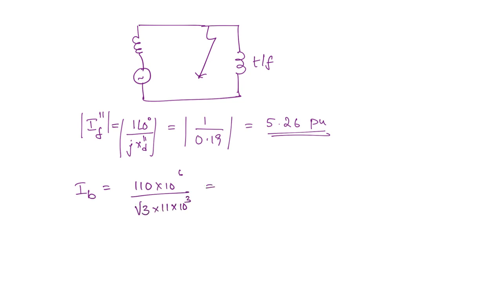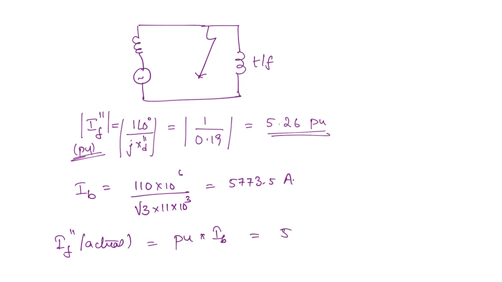Okay, so this you are going to get 5773.5 ampere. So what will be the actual fault current? This is per unit. Okay, so per unit value into the base current. So here you are going to get 5.26 into 5773.5. So this you are going to get 30.37 kilo amperes.